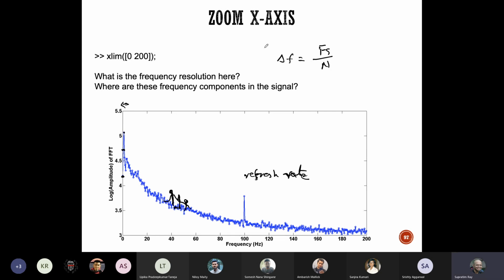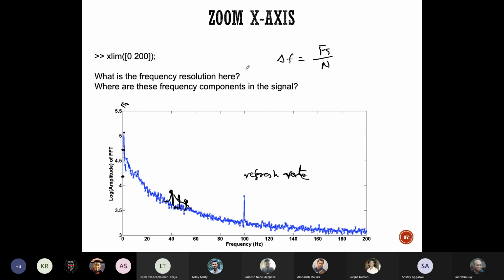Now you might be saying that's a very naive question because I do see fs here, but it's a trickier question. And I want everybody here to actually get the trick. At first sight, it seems to be dependent on fs, and it's in the wrong direction, because if you increase fs, your delta f should become large.